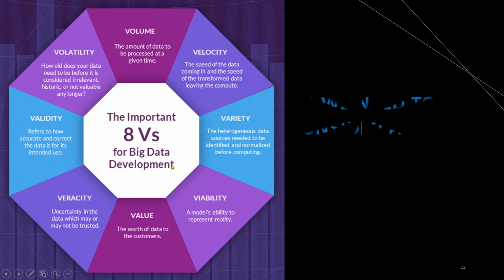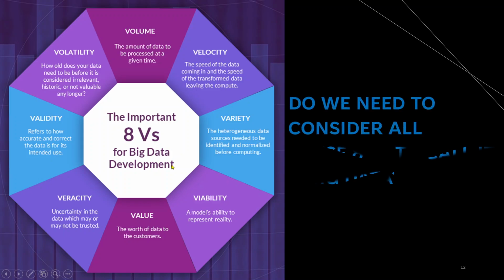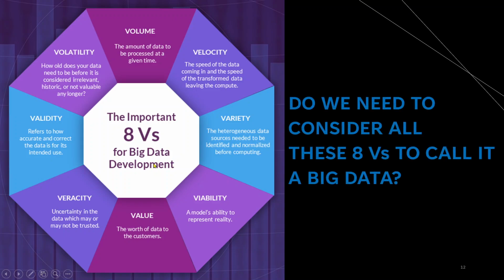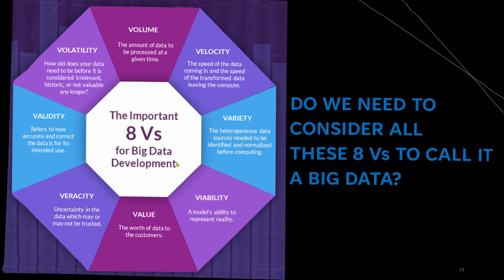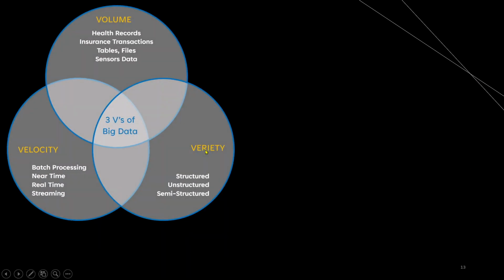But do we really have to consider all of these 8 V's? Well, not necessarily. We have 3 V's that are very, very important: volume, variety, and velocity.